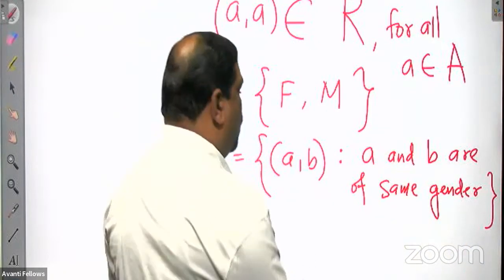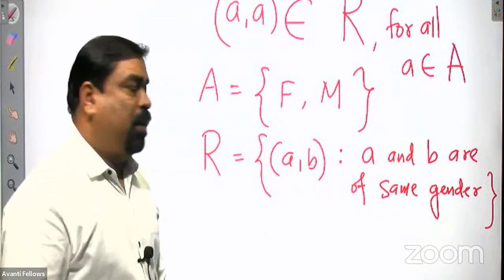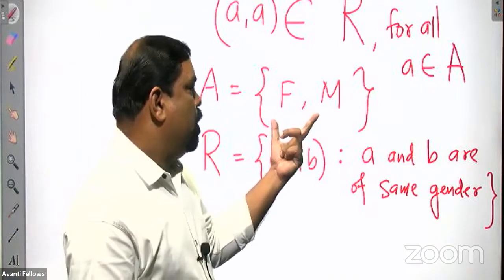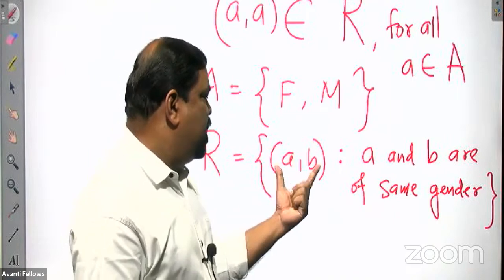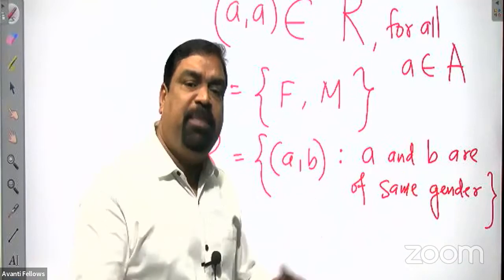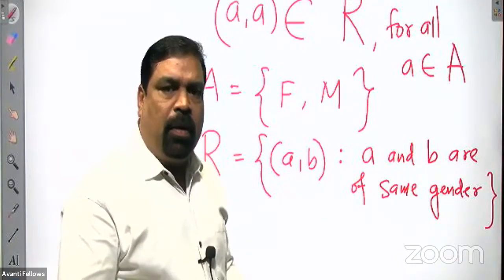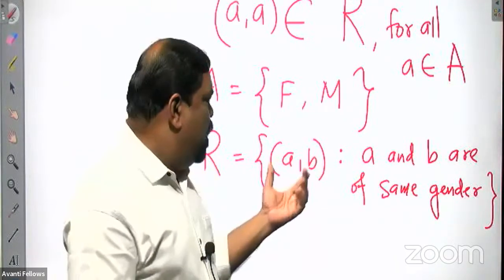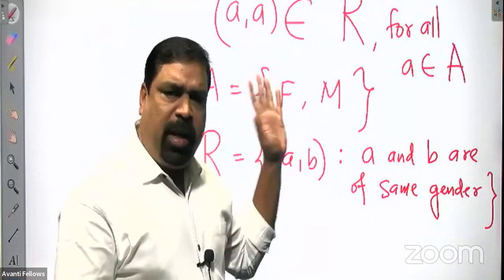R is a relation in the set A given by ordered pairs (a, b) such that a and b are of the same gender, means same sex. a and b both belong to the same set A only.